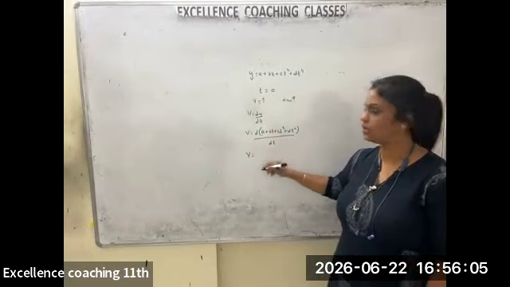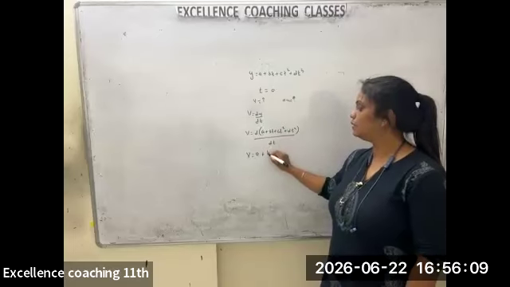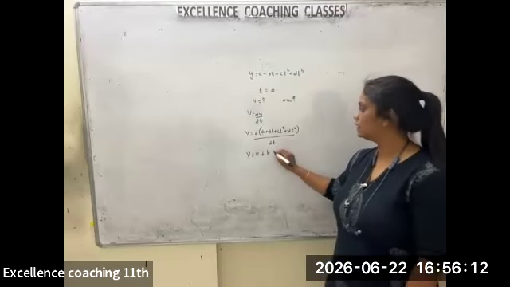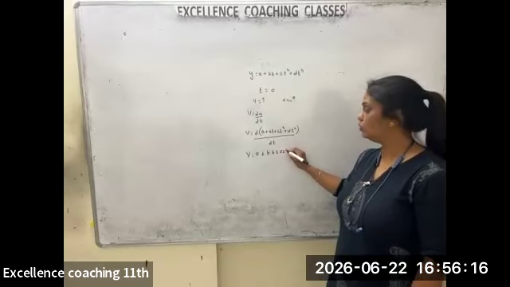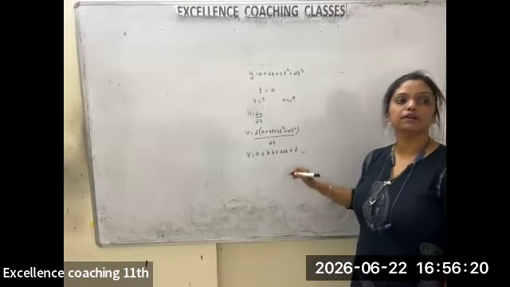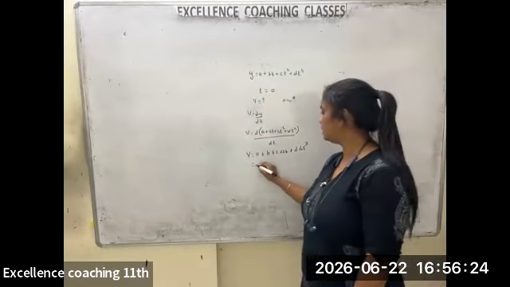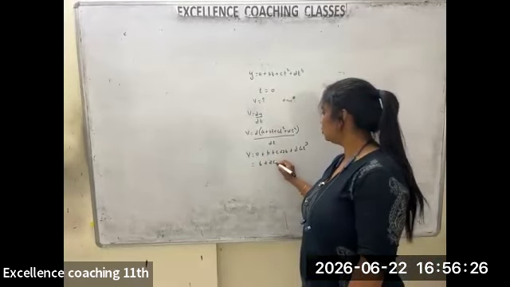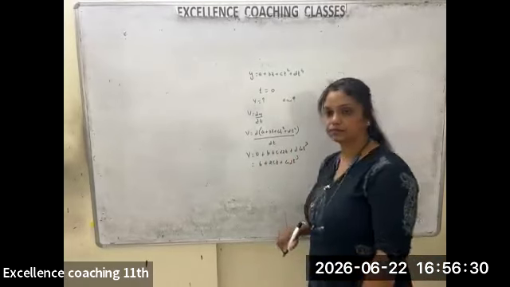Differentiate t also. bt will be just b. ct square will be 2ct. dt raised to 4 will be 4t raised to 3. So if I combine this, it will be b plus 2ct plus 4dt cube.